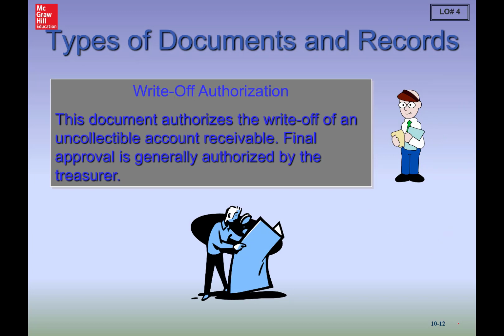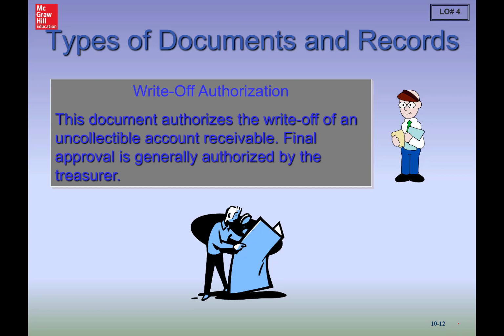Okay, good. Write-off of accounts receivable needs to be authorized by the treasurer. Again, problem: we let our clerks write off the accounts receivable. What's the journal entry for the write-off? We set up the allowance, didn't we?